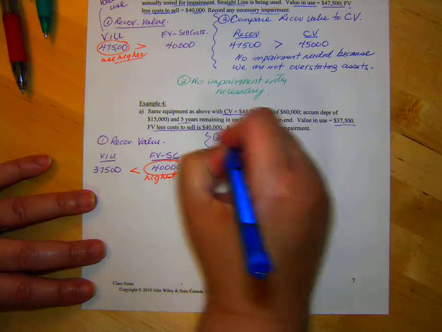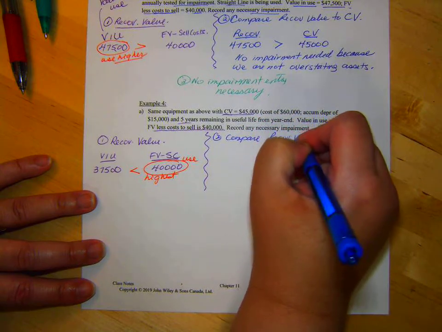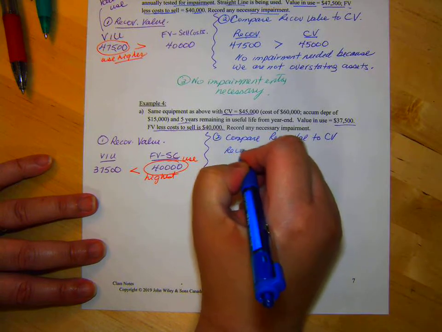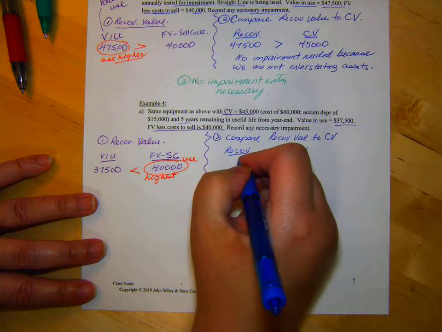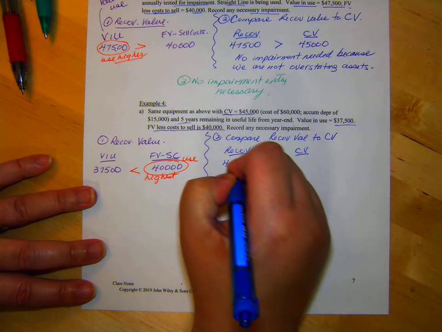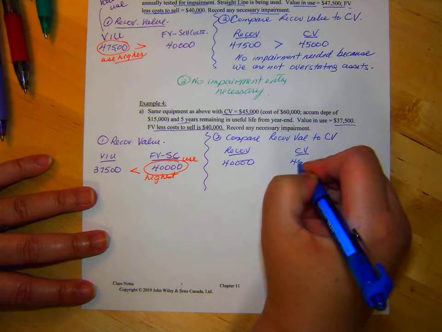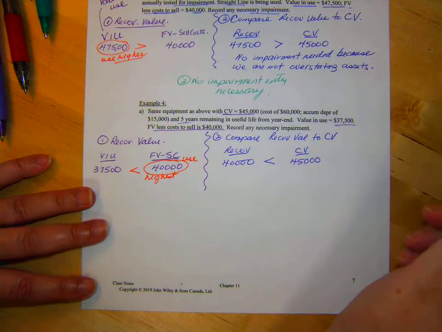We're going to compare recoverable value to carrying value. So recoverable value is 40,000 and our carrying value 35,000. So what do you think?